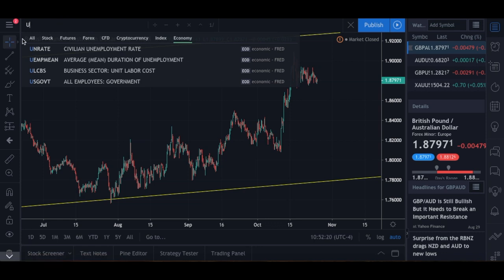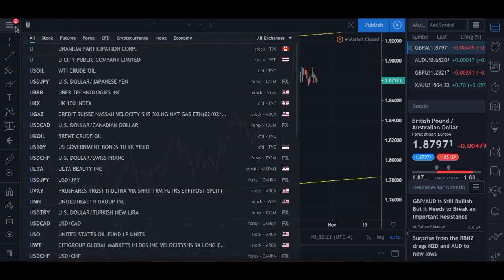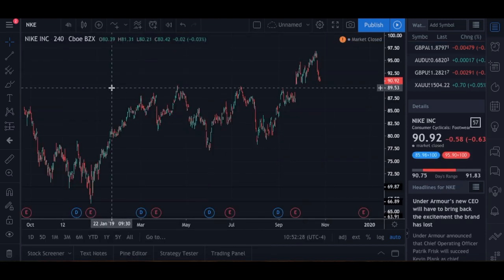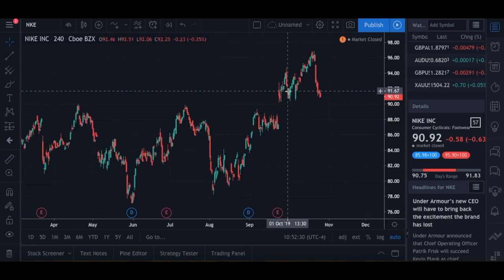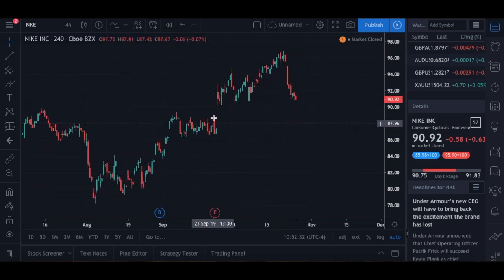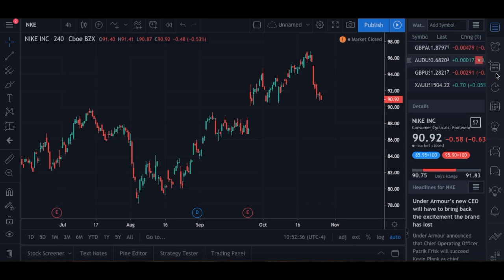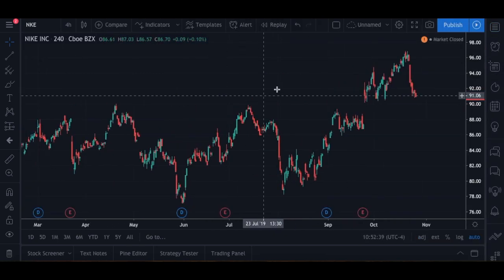So it has everything. Let's say, for example, I want to see the Nike chart. I love Nike. Let me go and see Nike. You literally can pull up the Nike stock and see everything. Like, this looks really weird. Oh my goodness. Yeah, so it's kind of cool. You can actually see different charts on this website.